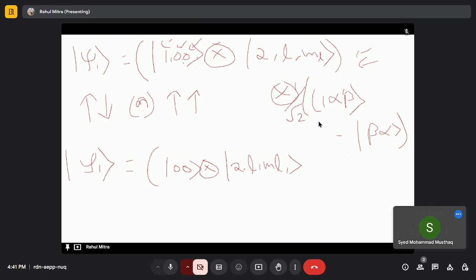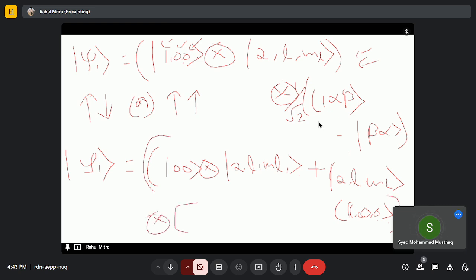and the function is plus, or the electron can be in 2 l ml or 1 0 0. Right? This is our spatial function. And what about the spin?